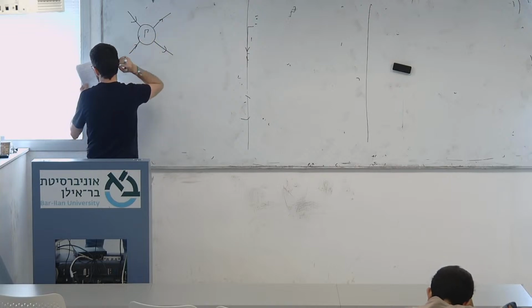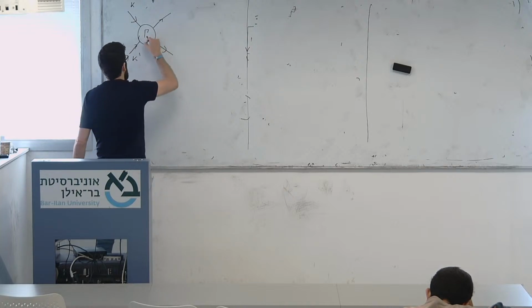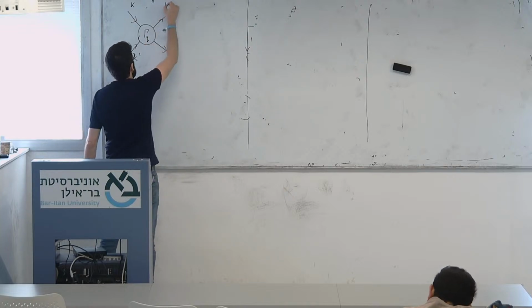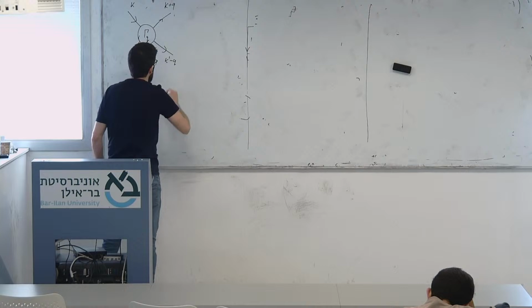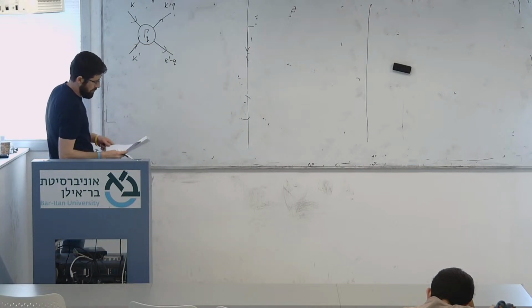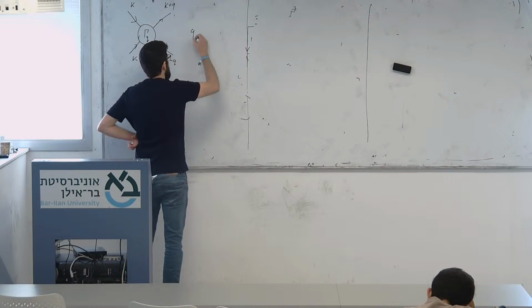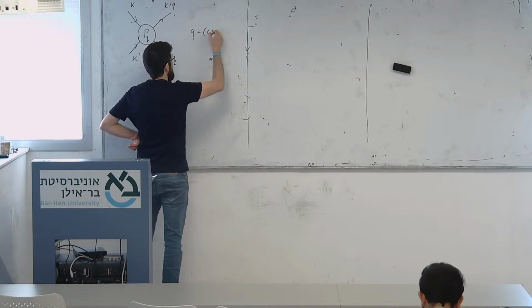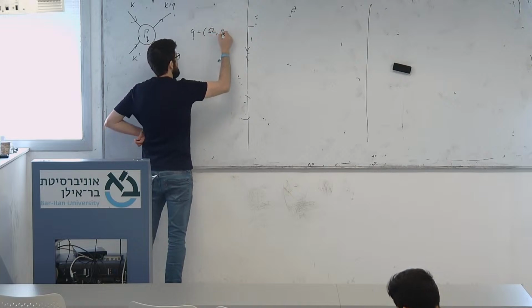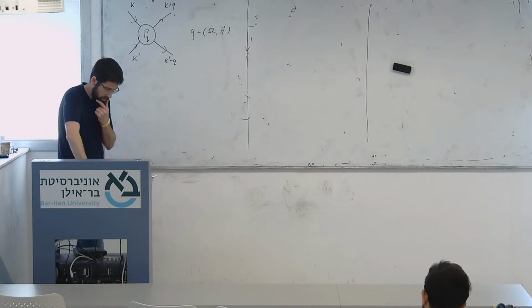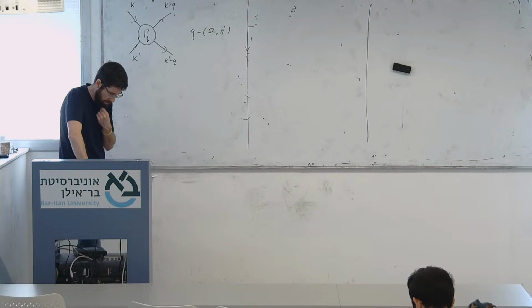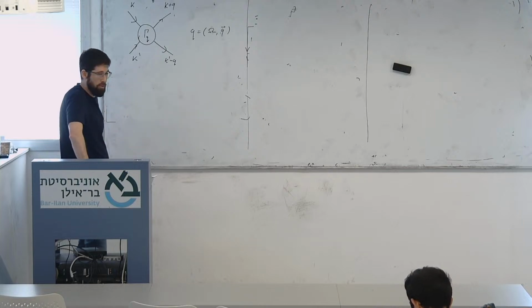So we have them coming in, K and K prime, and then exchanging some momentum Q. So here we have K plus Q and K prime minus Q. So they exchange some Q, and Q can be a 4-vector. So let's call it capital omega and Q vector. Okay, so they can exchange both momentum and energy in this process.